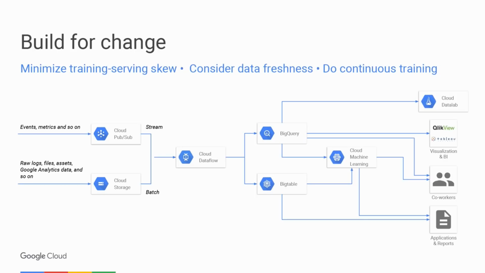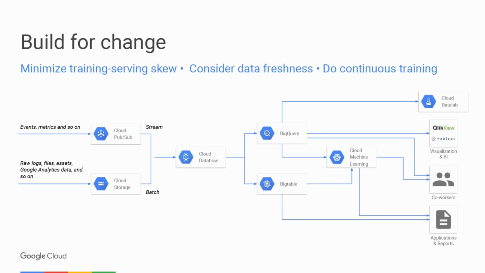We've talked a little bit about data prep and how it can be used. Data prep runs on Google Cloud Dataflow. And here you're seeing how Dataflow can be used to ingest a stream pipeline or ingest data from cloud storage, a stream through PubSub, or batch data through cloud storage. These can be written to either BigQuery or Bigtable.